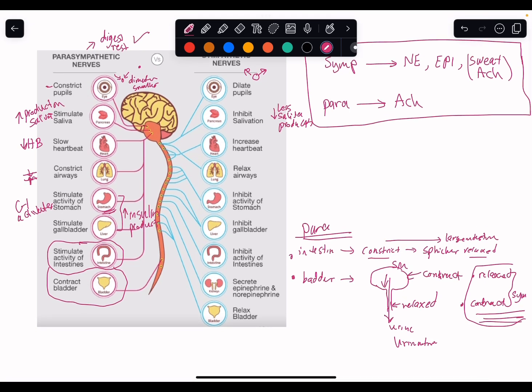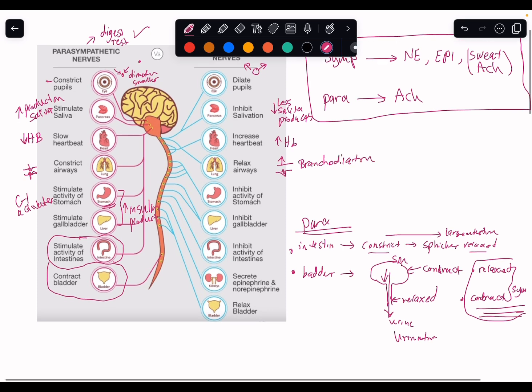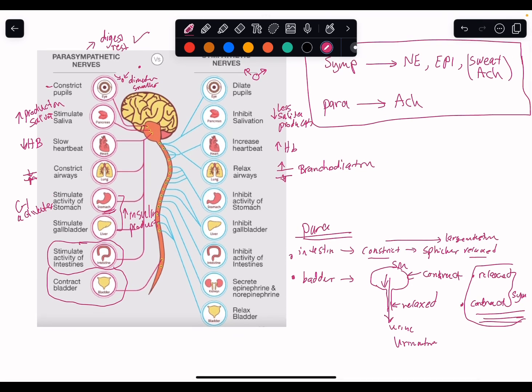And in that case, we will increase the heartbeat and we relax the bronchial, which means bronchial dilation. And also for the stomach and gallbladder and intestine.